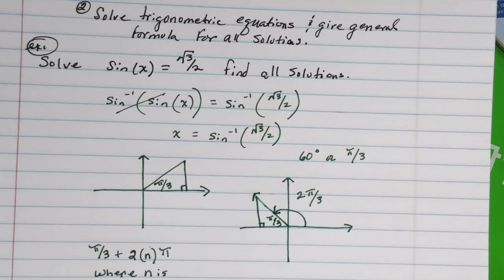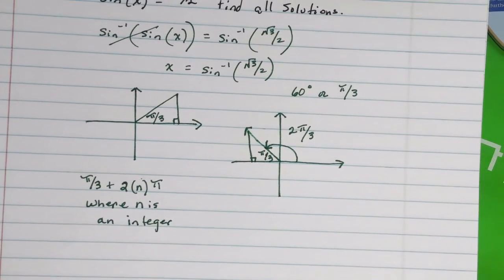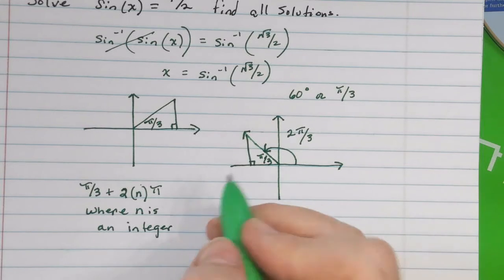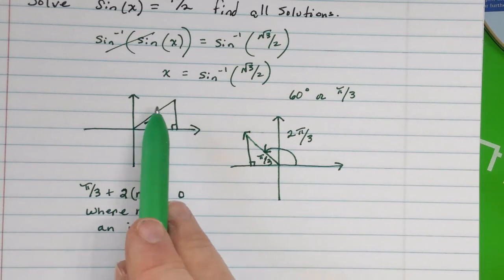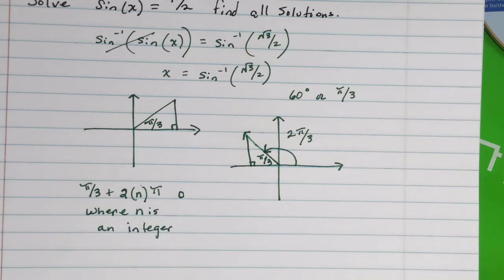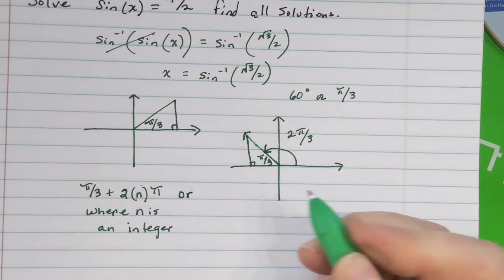So n could be 1, n could be -1, n could be positive 6. That covers one of the scenarios, and it covers every rotation of that scenario, or the answer.